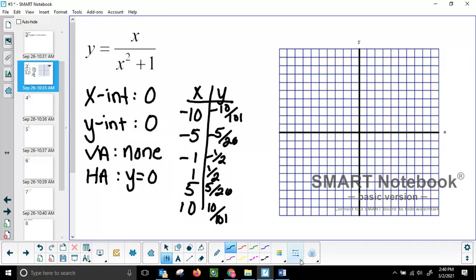All right, so let's go ahead and put our one asymptote here on. All right, we have our x-intercept at 0. We have negative 1, negative 1/2. Negative 5, negative 5/26.